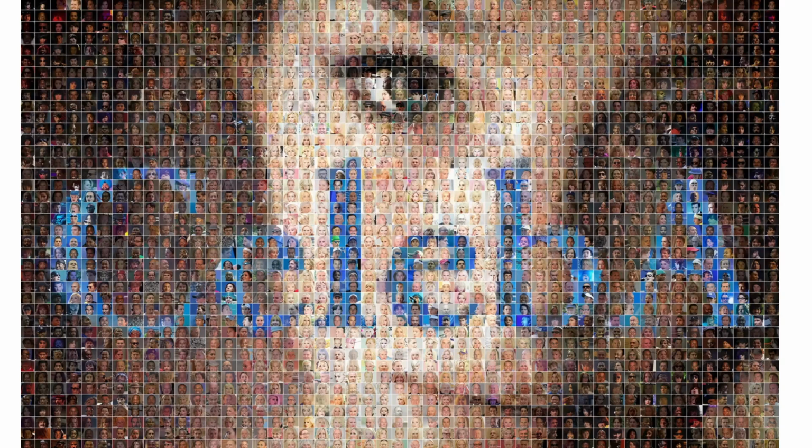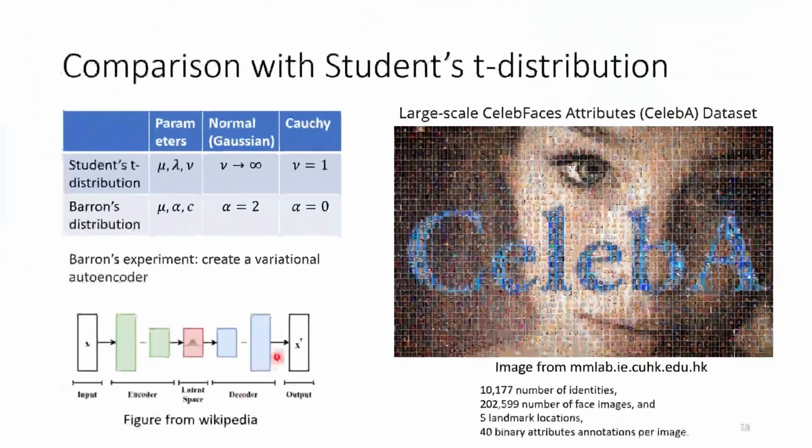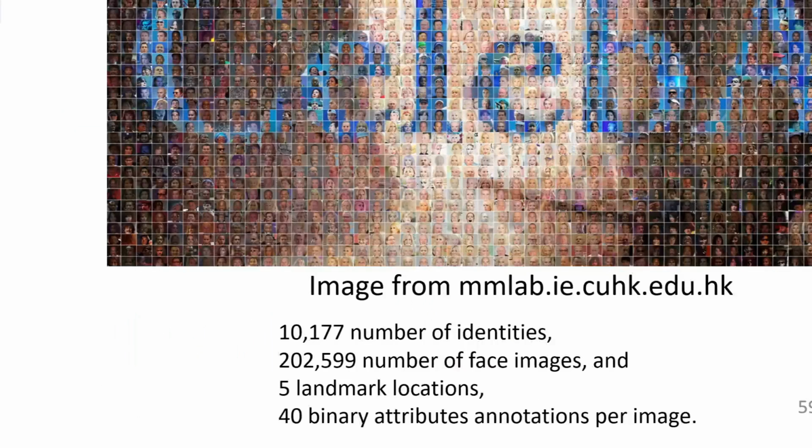The statistics of this dataset: there are more than 10,000 people, and there are 200,000 images in total. This is the most important one. So you can see this is a large-scale human face dataset. There are some features, but they are not very important for Barron's work.